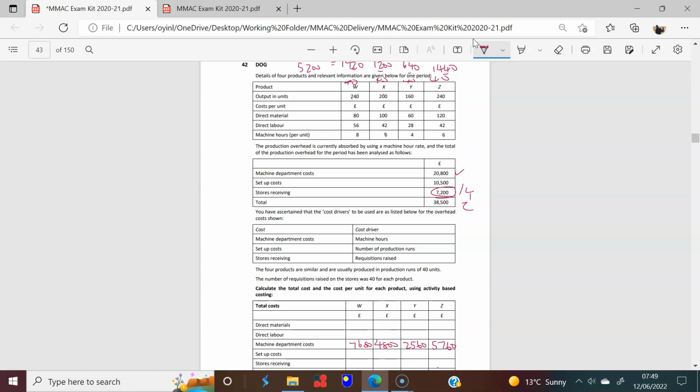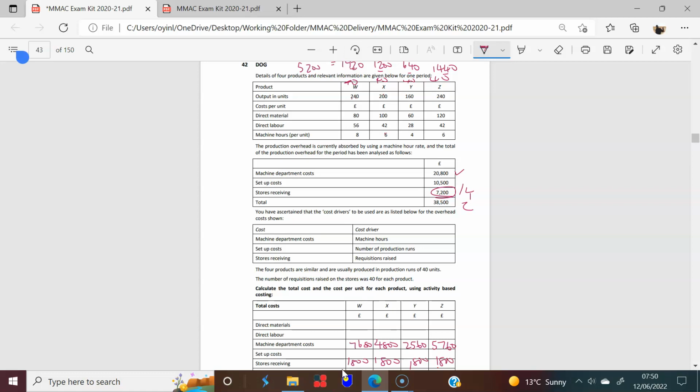So I can quickly put in here 1,800, 1,800, 1,800, 1,800.